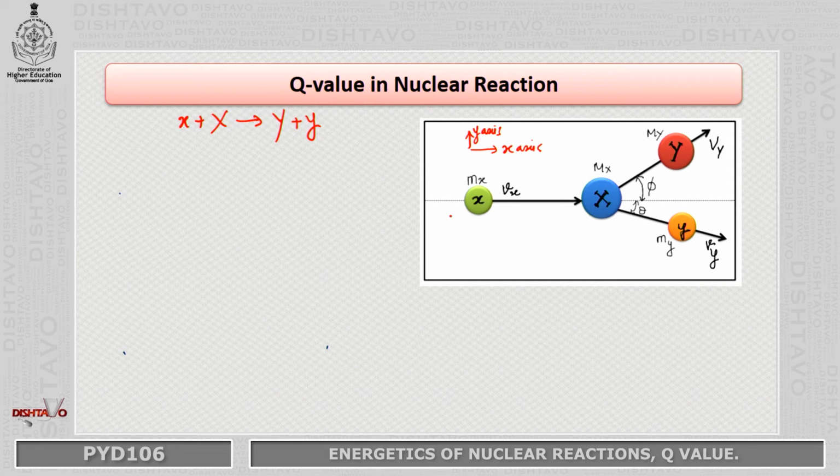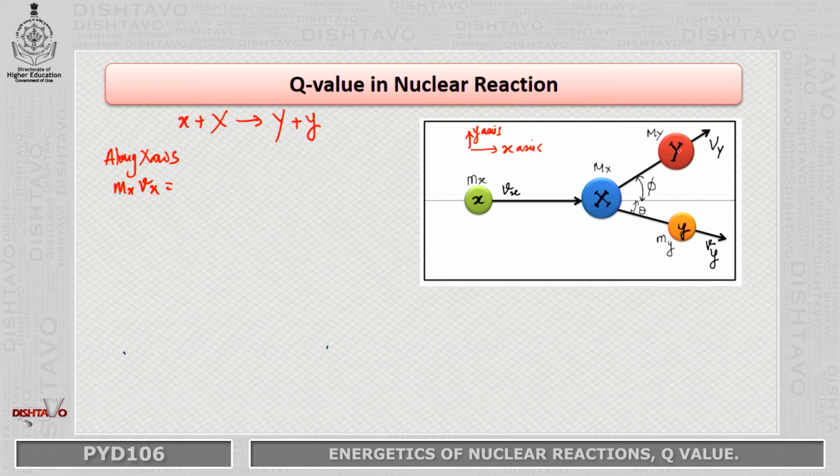So according to the law of conservation of momentum for this particular reaction, we'll do it in steps, that is along the x-axis and along the y-axis. So along the x-axis, the initial momentum is mx vx, and the final momentum along the x-axis is because of these product particles. Now we are dealing with the horizontal component itself, that is the x component itself.